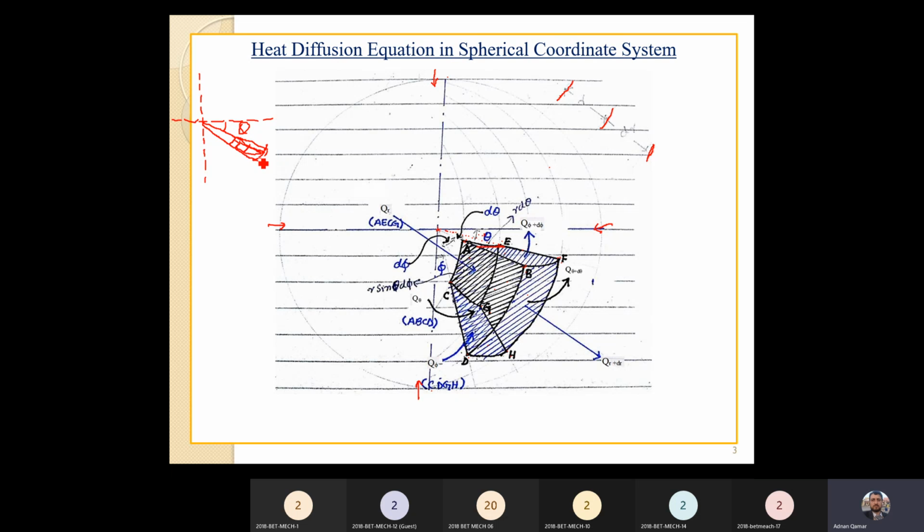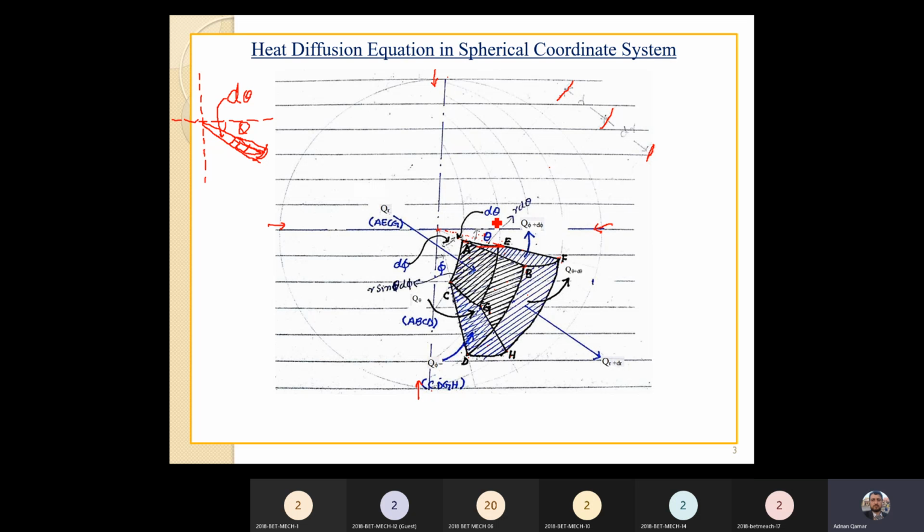And what is the thickness? What is this thickness? This is d theta. So this thickness, the distance from here to here, this is one line going from center, this is the other line going from center.